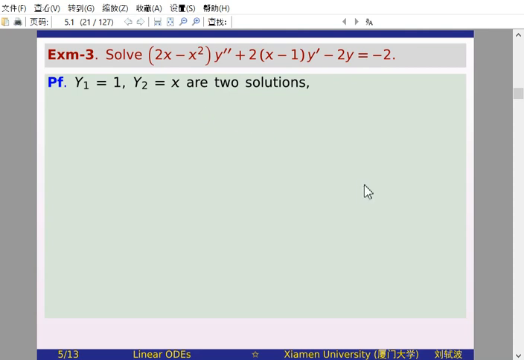But we want to find the general solution. How to find the general solution? To find the general solution, you need to find the general solution of the homogeneous equation, or you need to find two linearly independent solutions of the homogeneous equation. But how?